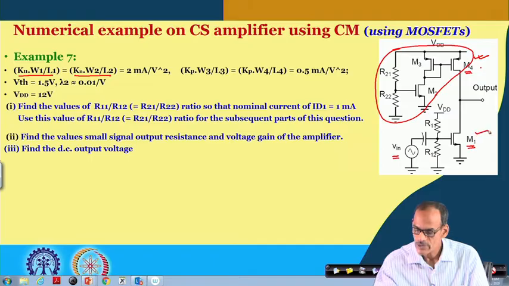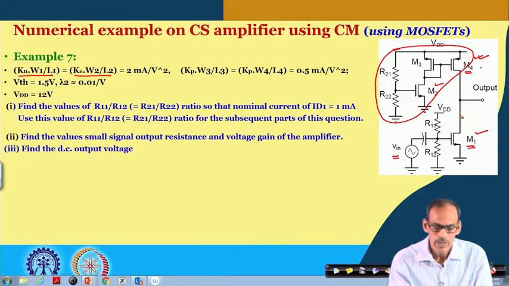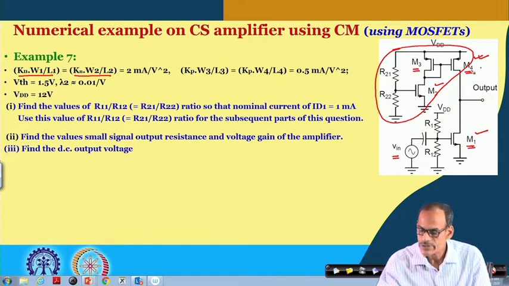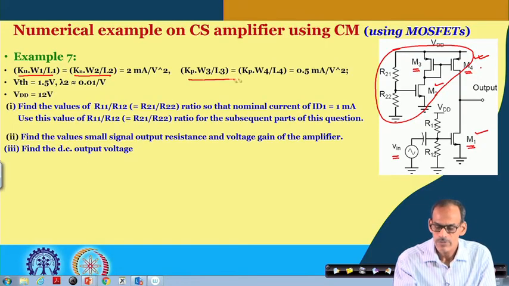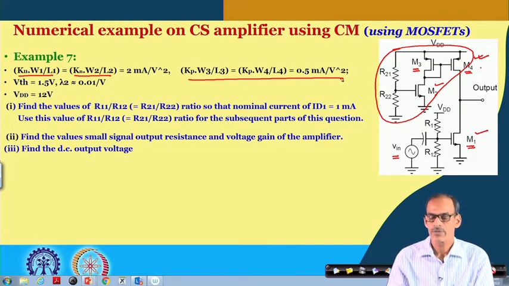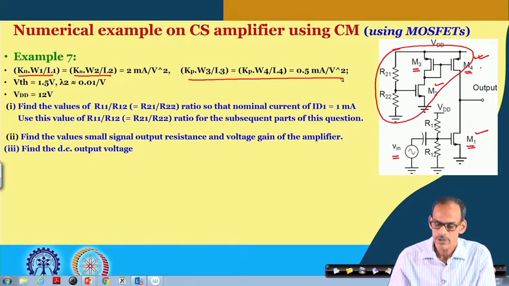So, we do have transistor 1 and transistor 2. We are assuming they are identical, and on the other hand transistor 3 and transistor 4 are PMOS transistors. They do have different values of this transconductance factor, but they are the same.